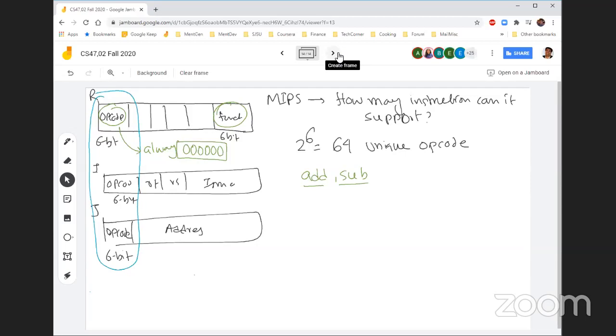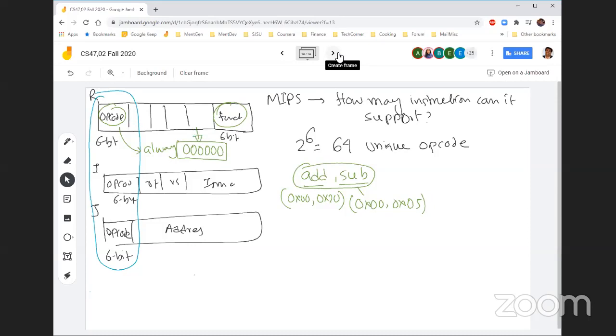So maybe add has opcode 0 and function code maybe 20, and sub has opcode 0 and, let's say, a function code of 05. So that's how this pair of opcode and function code together distinguishes your R type instructions. For the other types, the function code is not used.